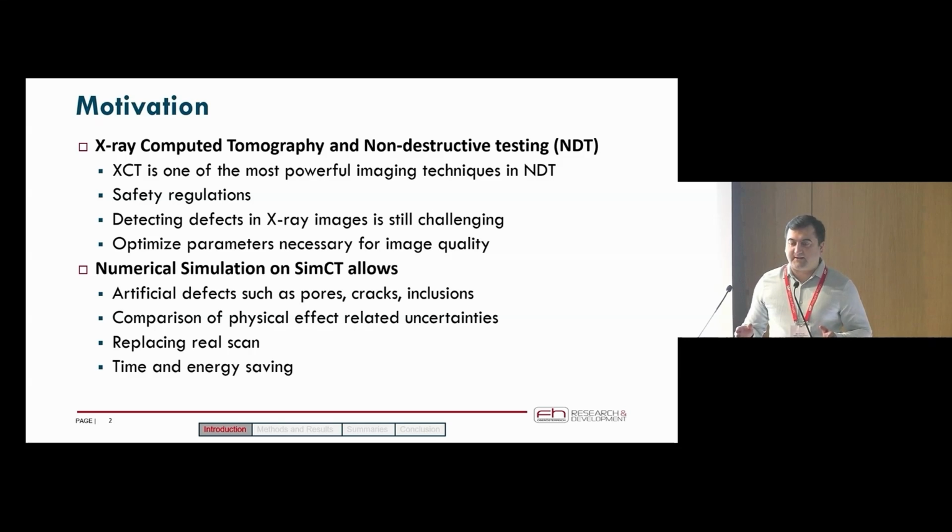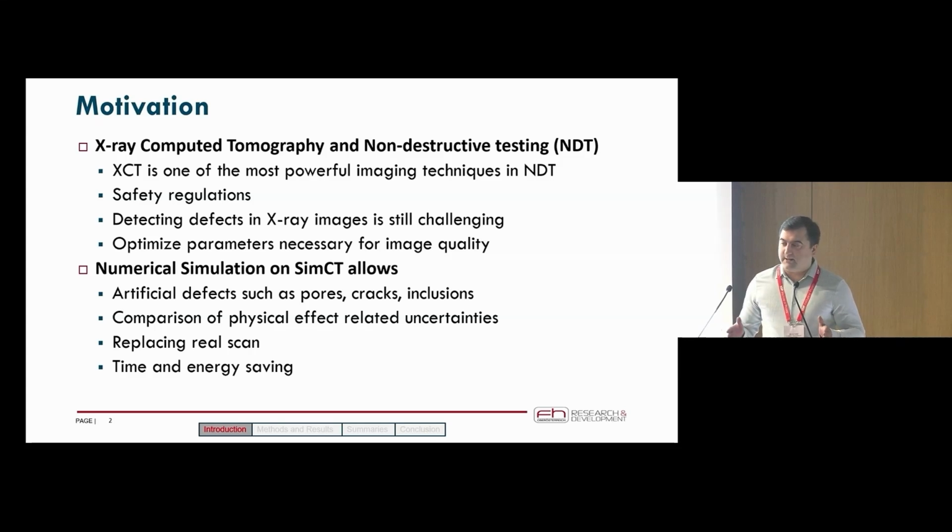To detect this kind of defect, we need to optimize parameters in the CT scans. This process can sometimes be quite time-consuming and hard. To optimize this process, instead of using a CT device, we can also apply numerical simulations. We also have our in-house simulation tool called SimCity.